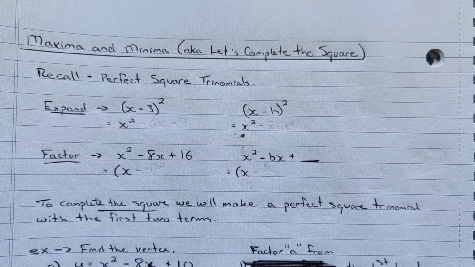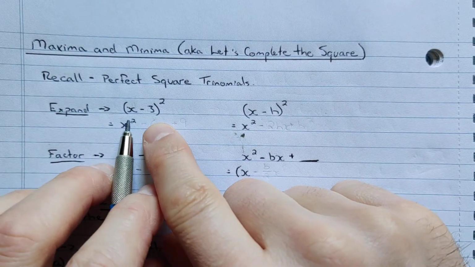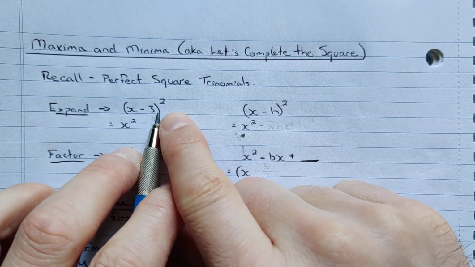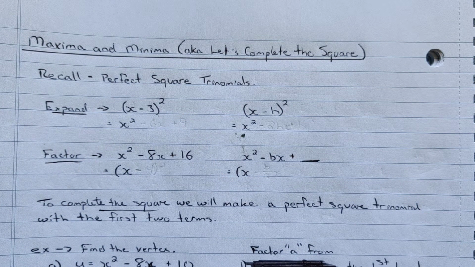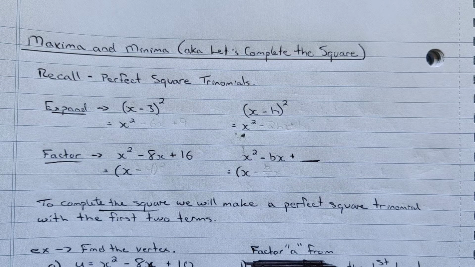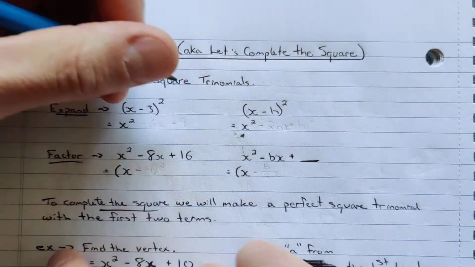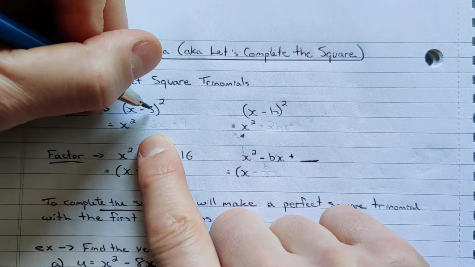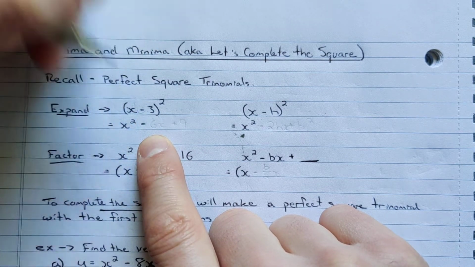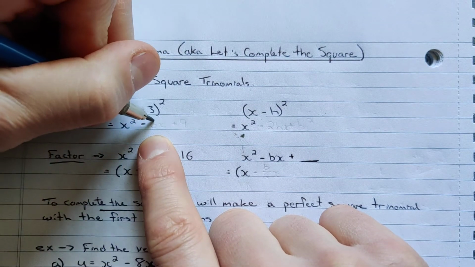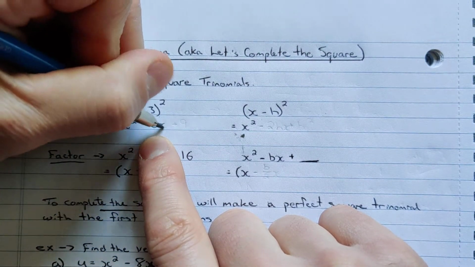of perfect square trinomials. In the case of expanding, if we had something like (x minus 3) squared, again, we could write out (x minus 3) times (x minus 3), use FOIL and calculate it, but we said with a perfect square trinomial, it's easier to expand if we use this method: the middle term is negative, because there's a negative sign here, this number times 2, and then the x from the first term.